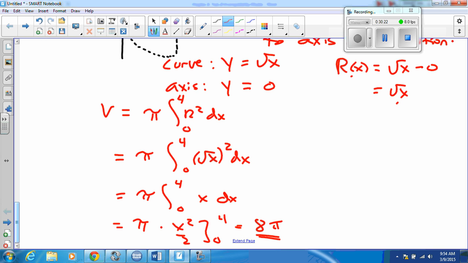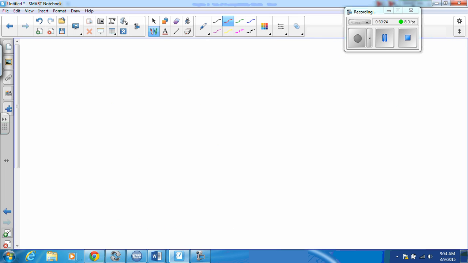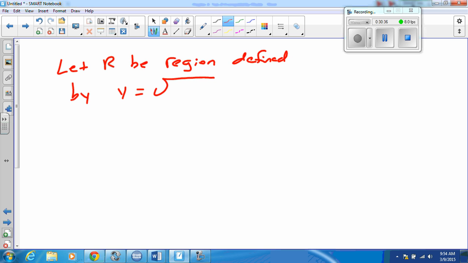What I'd like to do now is do a shape that we already know the volume for. So let's consider R, the region defined by y equals root 25 minus x squared, and the x-axis.